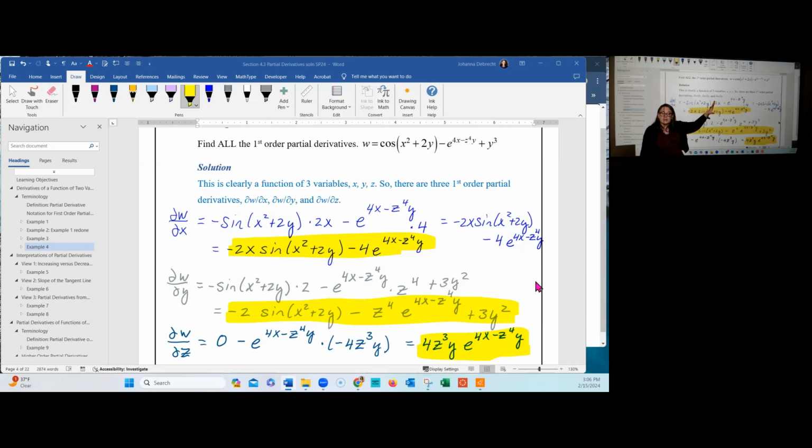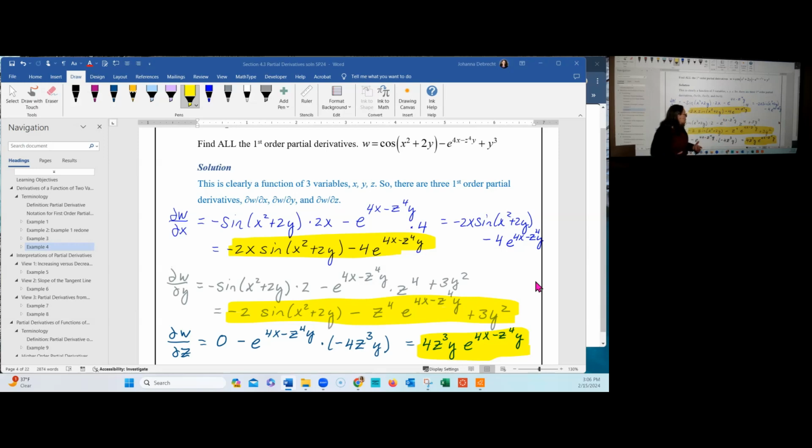When we look at the exponential, it does have the variable x in it, so it does depend upon x. When we take the derivative of an exponential, we get the exponential times the derivative of the power. The derivative of 4x minus z to the fourth y with respect to x is just 4. What about the third term? Well, y cubed doesn't have x in it, so the derivative is just 0.